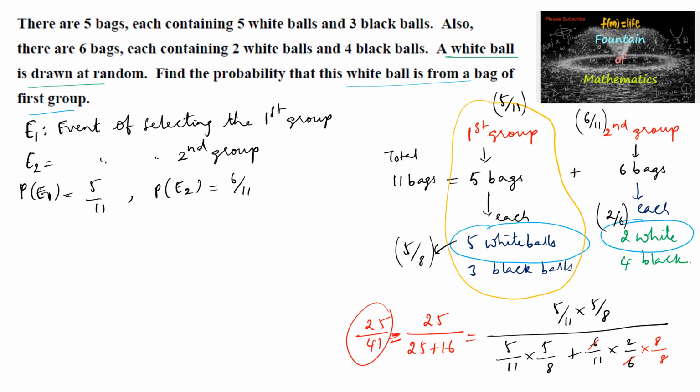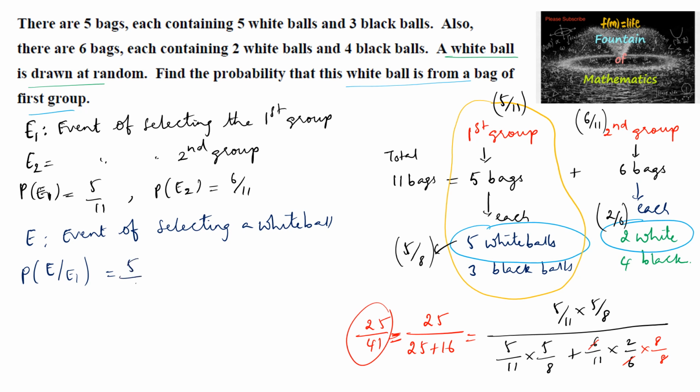And now let us assume that E is the event selecting a white ball. So selecting a white ball given the first group is nothing but 5 out of 8.